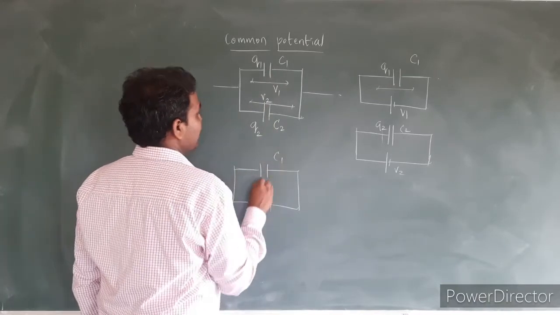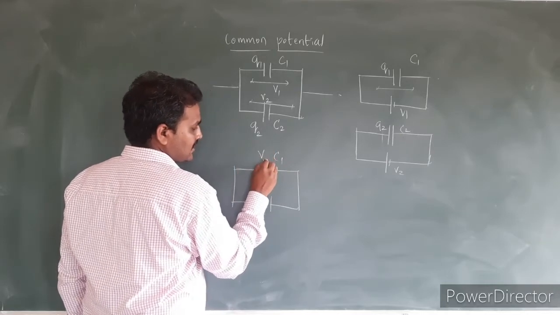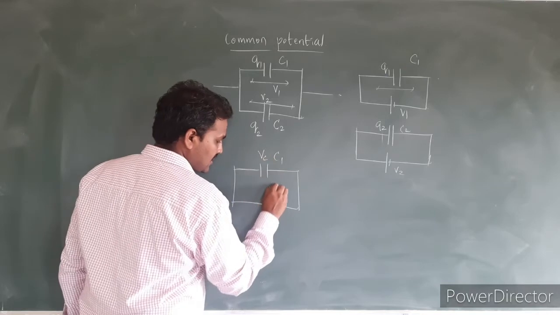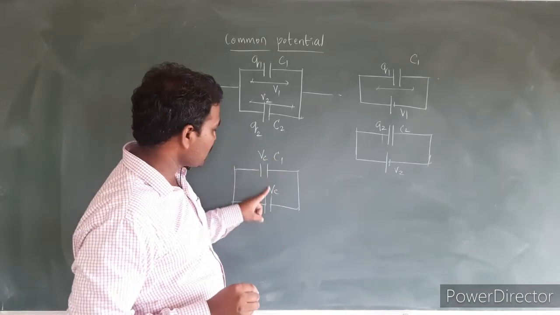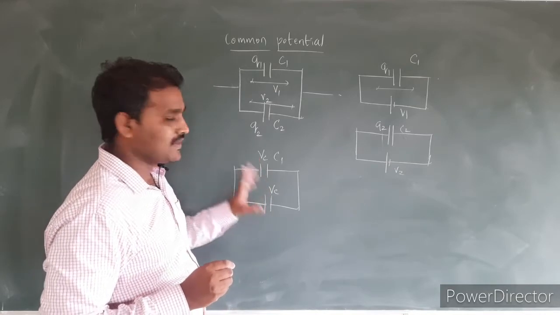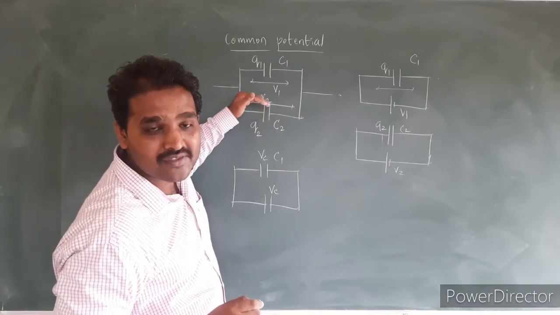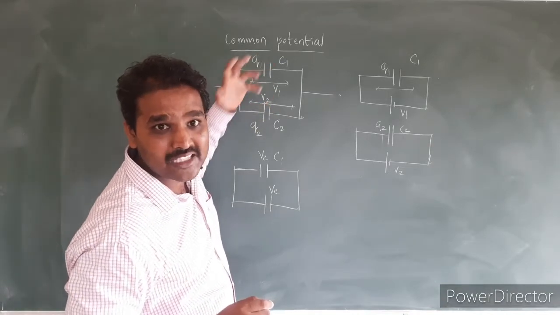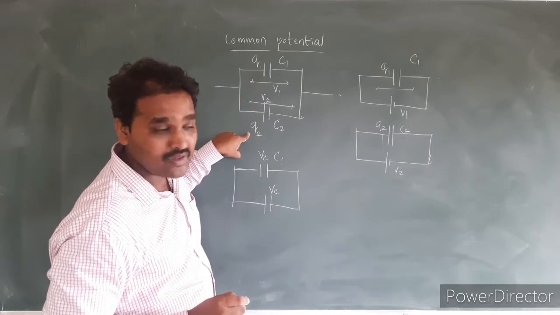So here I have C1, and the potential in the first capacitor will be equal to the potential in the second capacitor. This equal potential value I call the common potential, Vc. But during this process there is flow of charges from one capacitor to another capacitor, so the values of these charges will not remain the same.